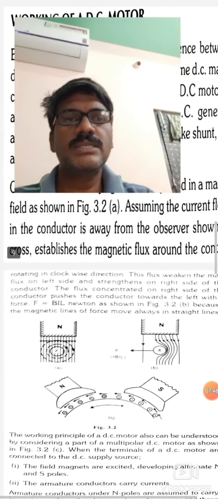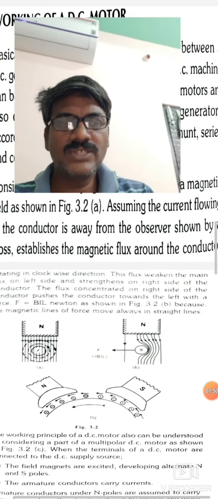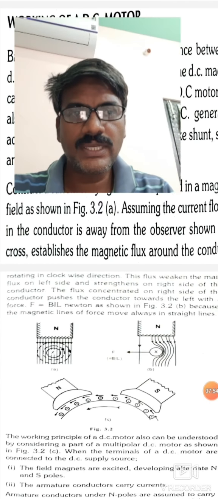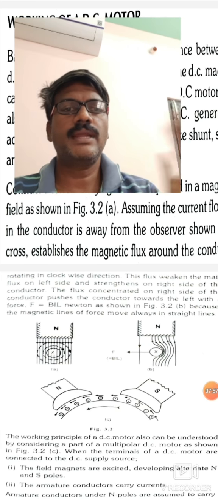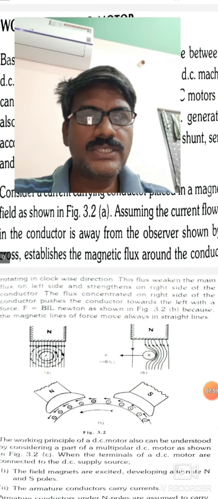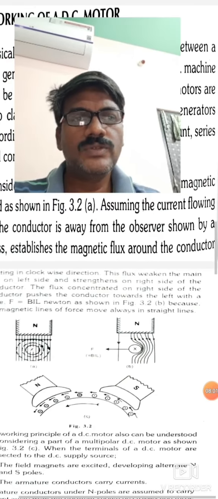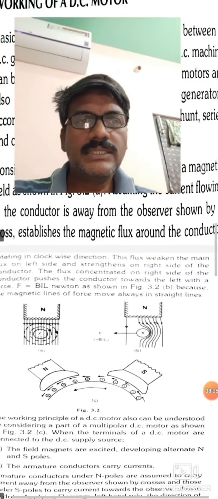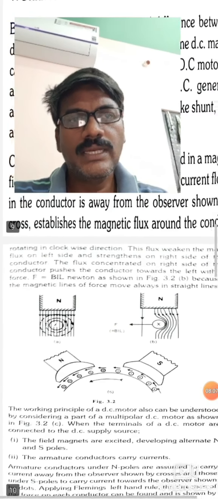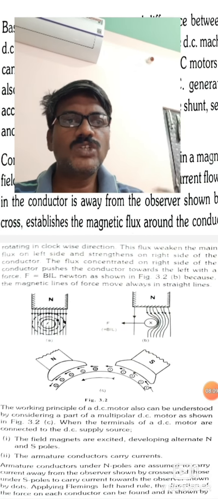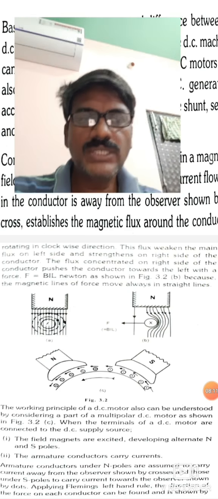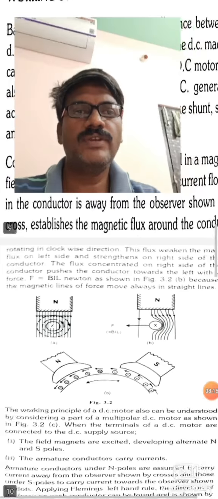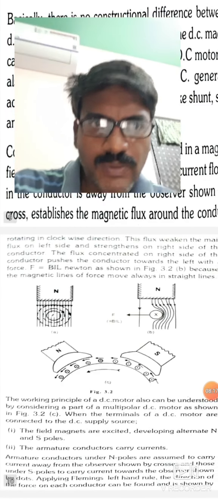The flux concentrated on the right side of the conductor pushes the conductor towards the left side, with a force F equal to BIL.